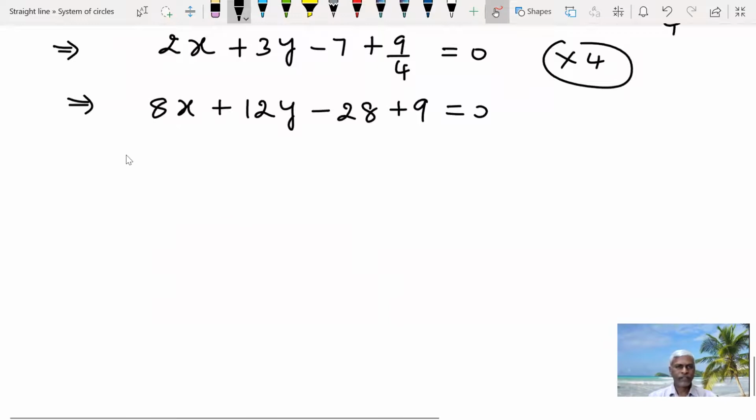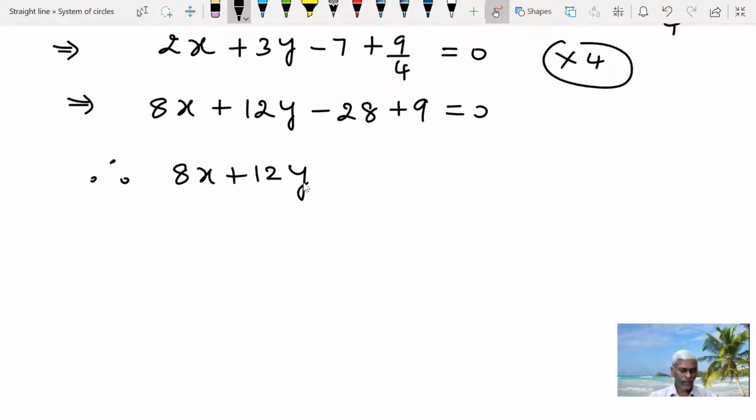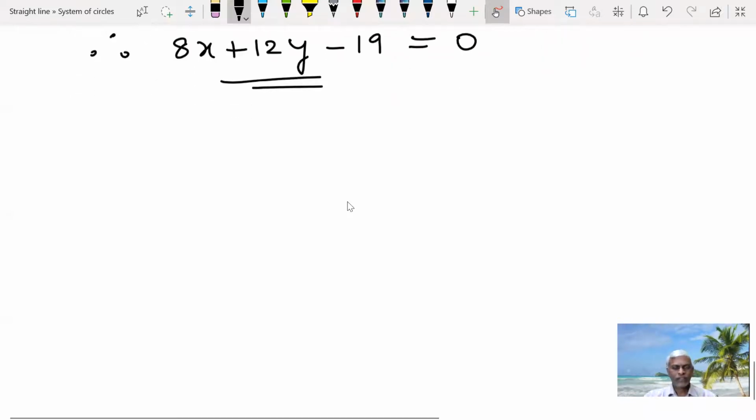So this is the radical axis, 8x plus 12y minus 19 is the radical axis. Very simple, subtracting one from another.